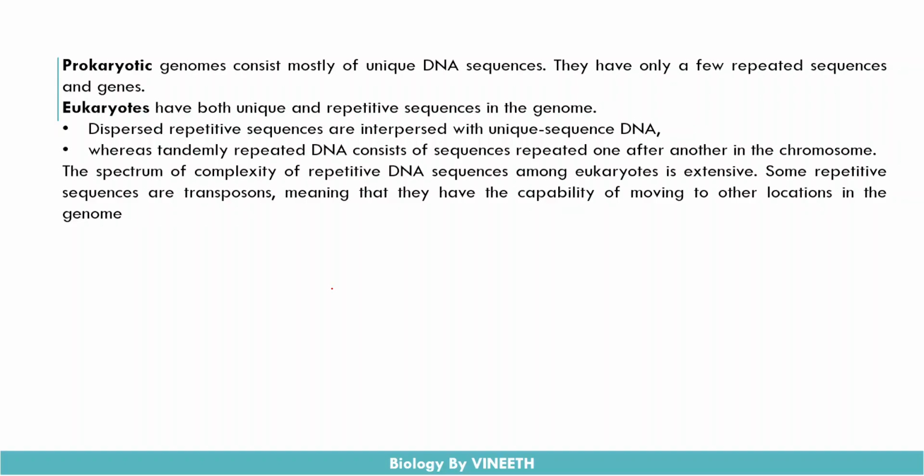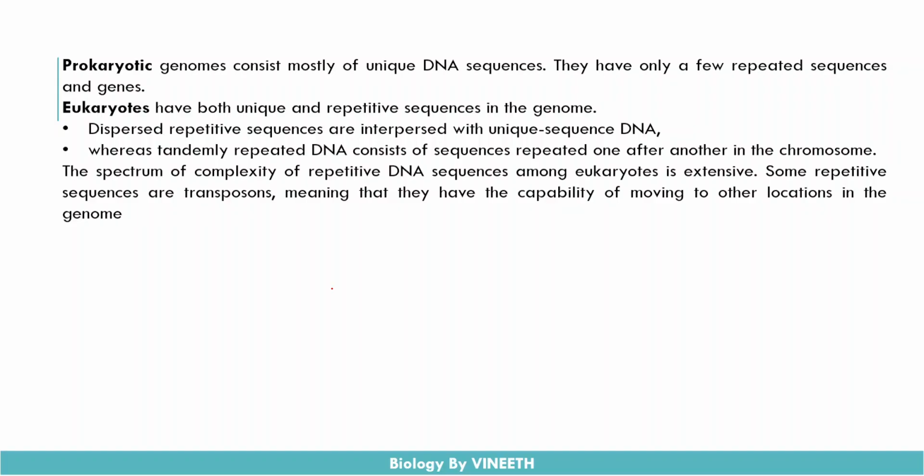But some prokaryotes tend to exhibit a few repetitive sequences, in the sense of very minor amounts, and most of them code for some kind of protein. In the case of eukaryotes, since they are bigger organisms with a much bigger body size, and the cells contain a lot of unwanted DNA, they must contain some kind of repetitive sequences.